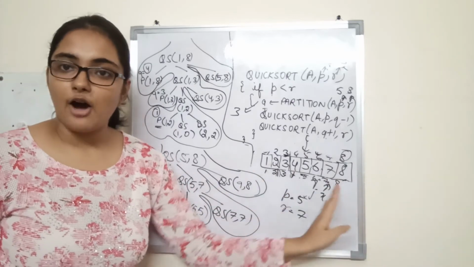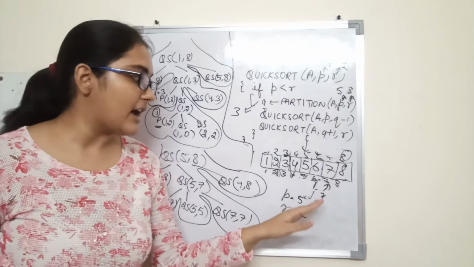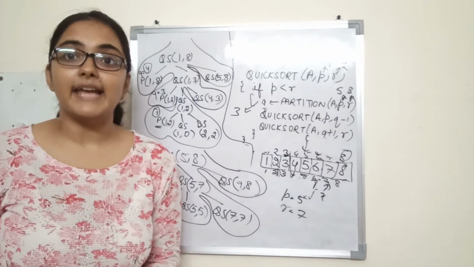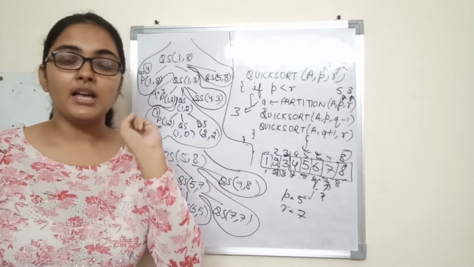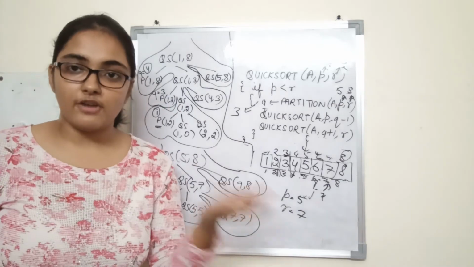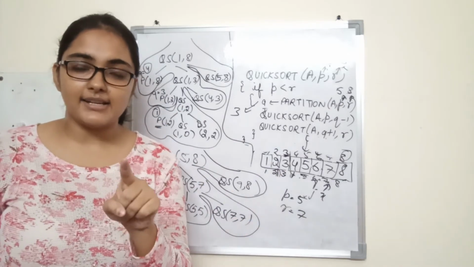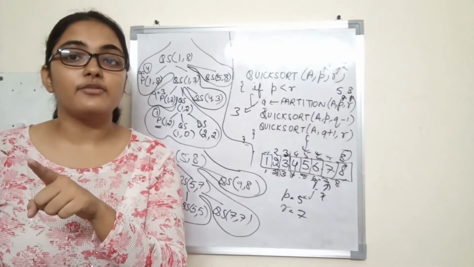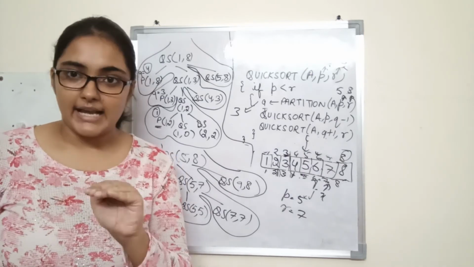So this is the way we apply quicksort in order to sort the elements, right? We first call the partition function in order to return an index such that all the elements to the left of that particular index are less than the element at that index, and all the elements to the right of that particular index are greater than that element, right?